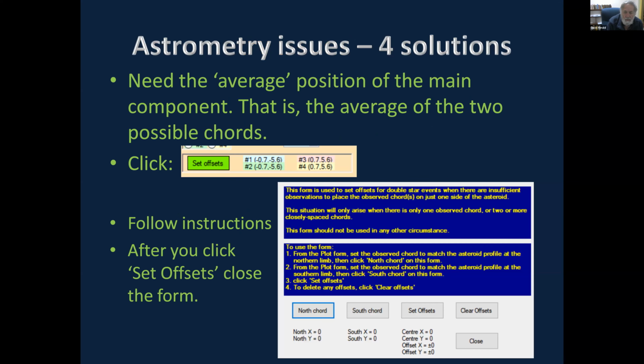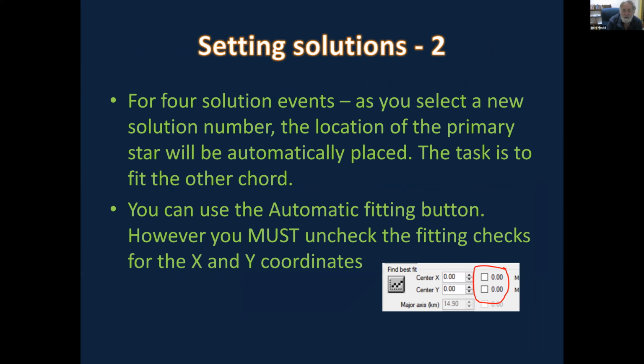And when you get to the main plot form, pardon me for jumping around here, having set that parameter, on the best fit form, you should clear the checkboxes for locating the center of the chords.